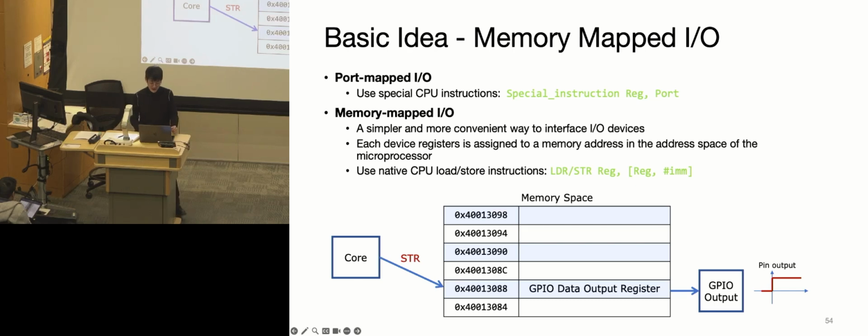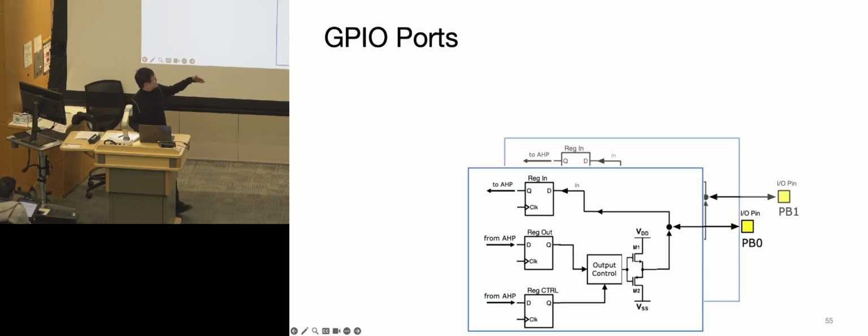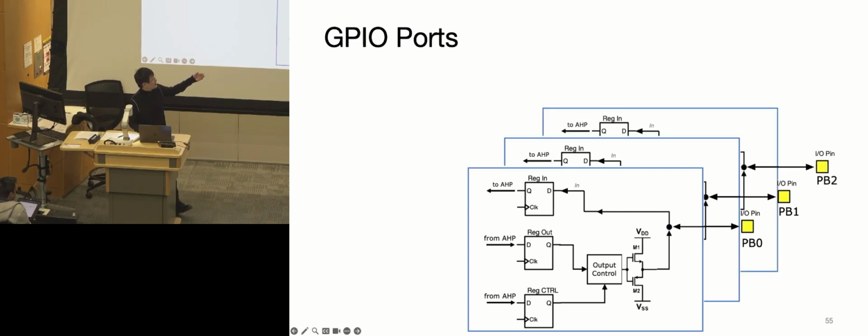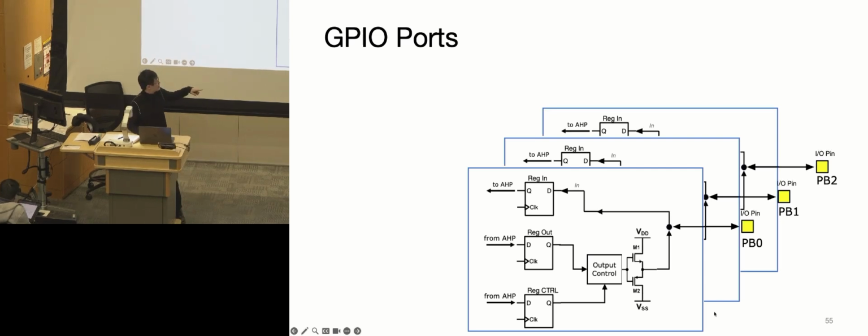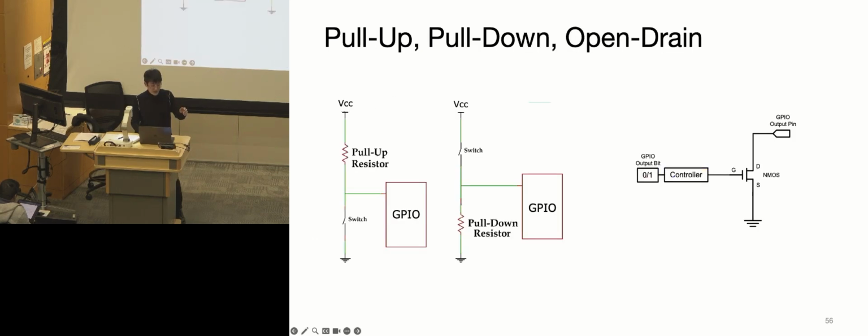Okay. Cool. Let's go to the GPIO port. Basically, this is a diagram that indicates how it works underneath. We have GPIO ports that are stacked alongside together, so that each one bit is one of these structures underneath, and together they make one GPIO port.